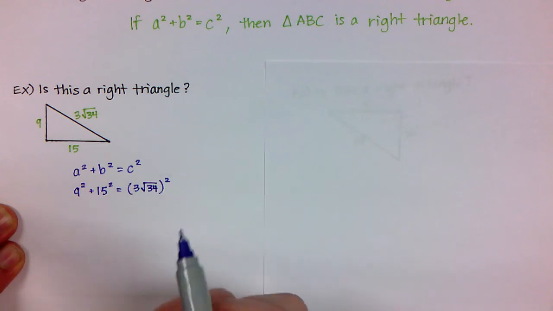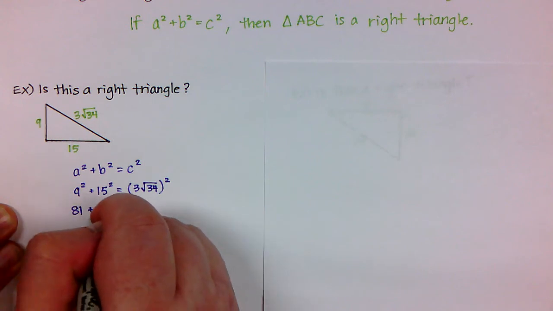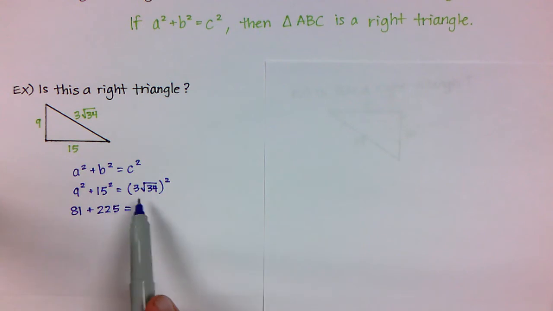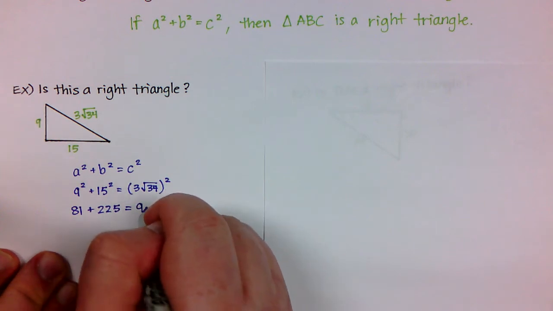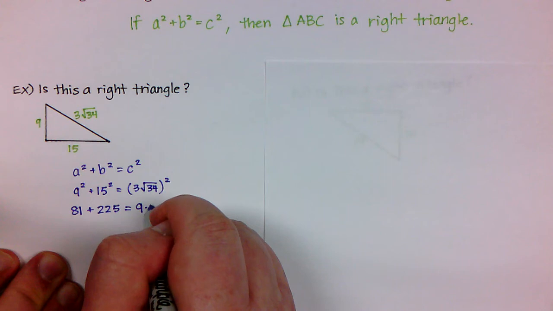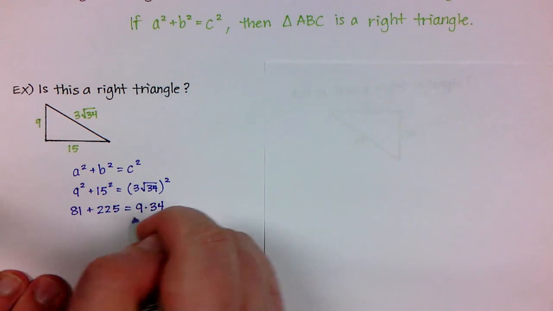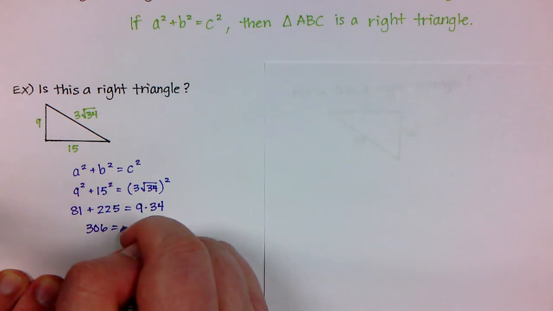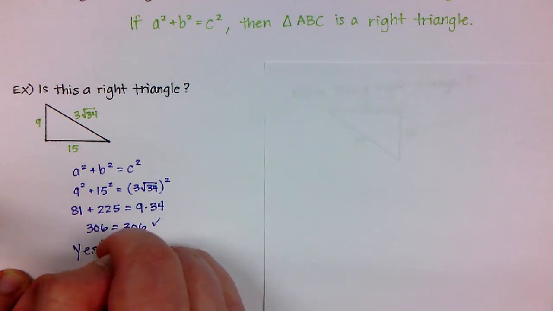So we just need to make sure that we're careful when we're doing our calculations. 9 squared is 81, 15 squared is 225, and then when we take 3 radical 34 and we square that, we're going to square the 3, so that's going to be 9, times radical 34 when you square it is just the number 34. Okay, so let's check here. 81 plus 225, that is 306. And when I multiply 9 times 34, I also get 306. So yes, it is a right triangle.